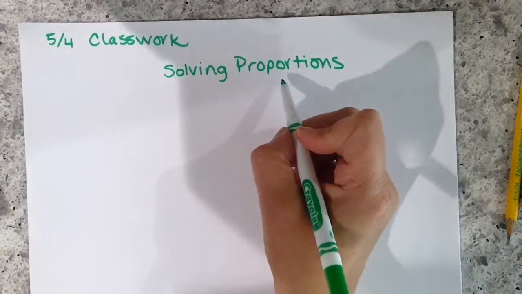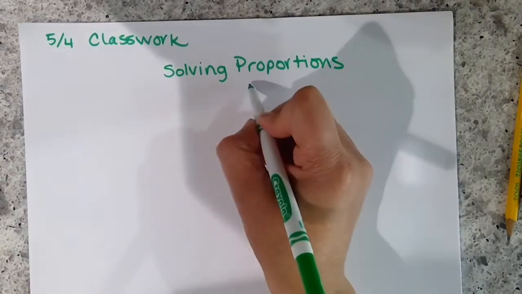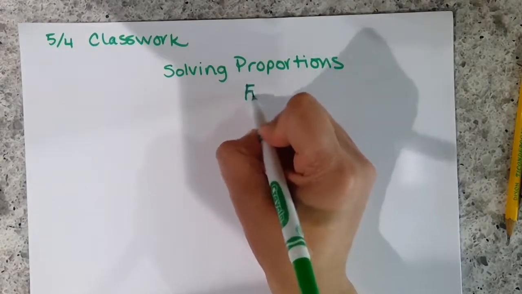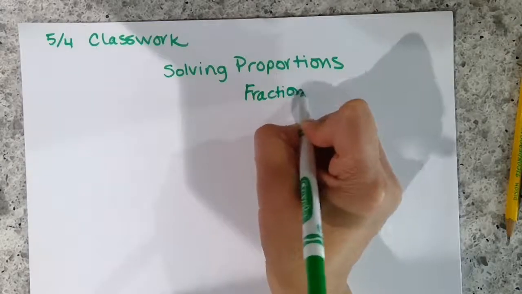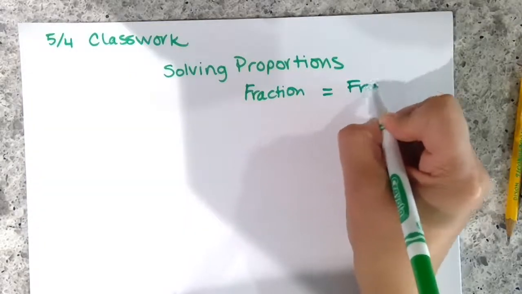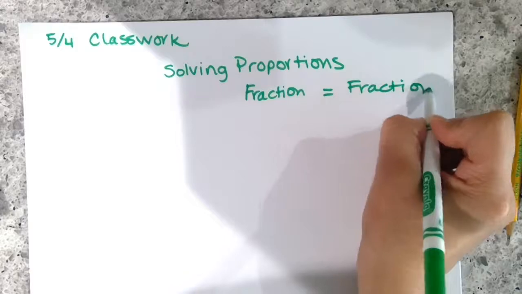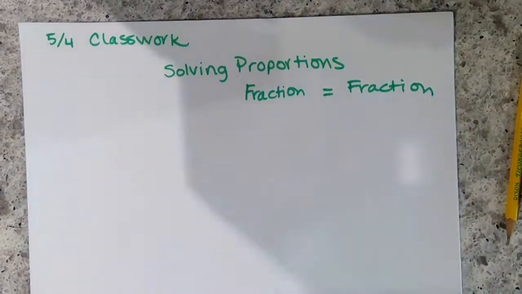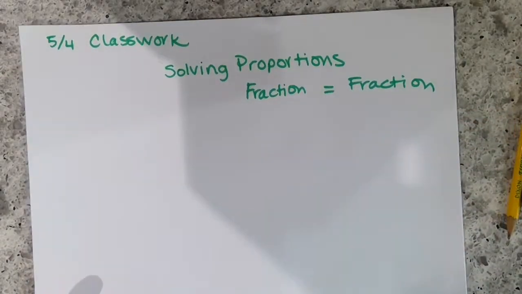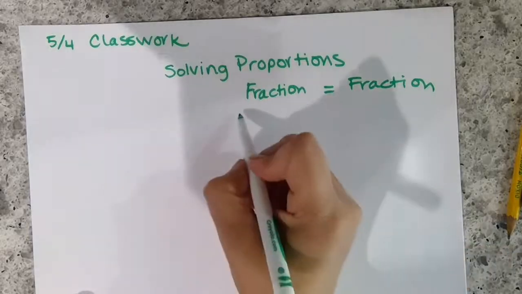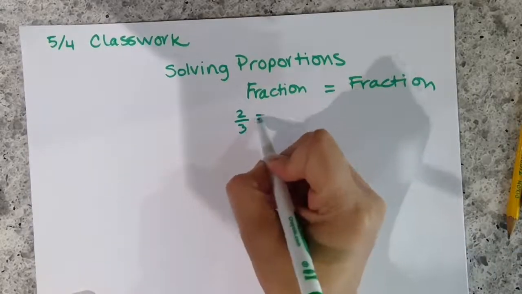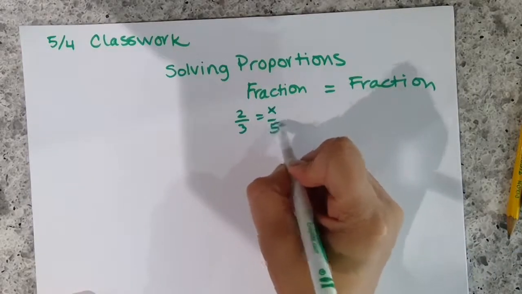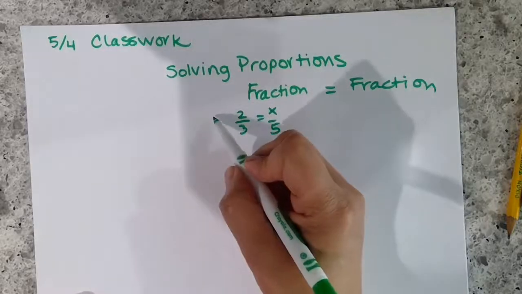What is a proportion? Well, a proportion is when a fraction equals a fraction. And if you have a proportion, you can cross multiply. So if you had something like 2/3 equals x over 5, that would work.